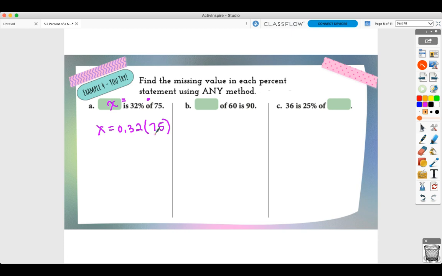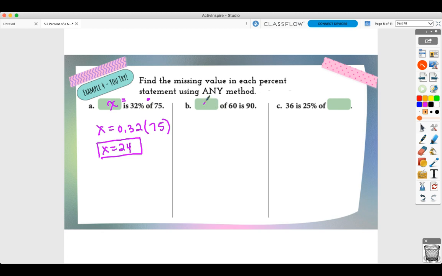Now all you're doing is multiplying. 0.32 times 75, and that is going to give you x is 24. And you can even always test it out. 24 divided by 75 gives you 0.32, which is 32%.